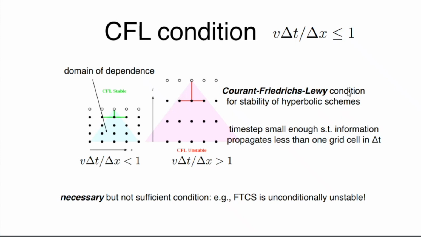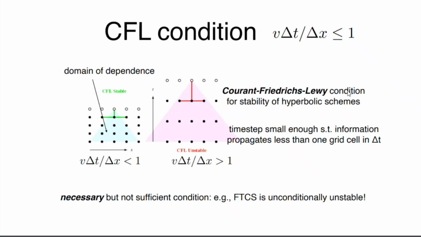If something is happening here, by this time that information hasn't had time to propagate to the point of interest. So what this is telling us is that in the previous time step, only the one left point, the central point, and one right point can affect the solution here, because whatever happens further away is not causally connected.